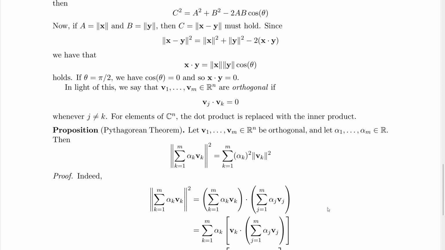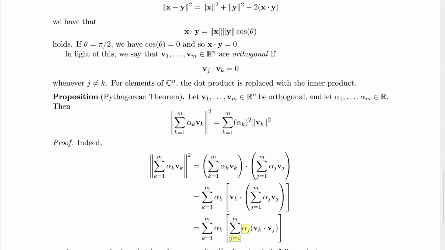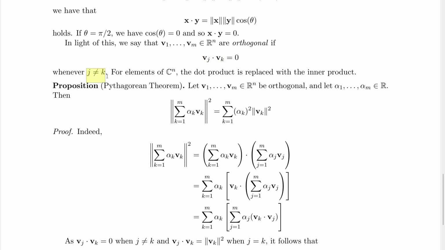Now what am I going to pull? Well, I'm going to note that dot products distribute and pull out scalars, so all of these alpha k's can be pulled out, and all of the sums can be pulled out, no problem. And then I'll pull that same move again in the second coordinate. These scalars can be pulled out, and these sums can be pulled out. And then we have these dot products here, and by definition of orthogonality, those dot products zero out whenever the indices are different.